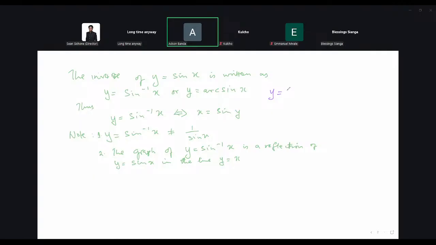Why do you want to use shift? What are you shifting? No, this is the notation we are going to use: y is the sine inverse of x, or x is equal to sine y. Oh, sorry, y is the arc sine of x, and y is the sine inverse of x. That's the standard notation that we will use. Okay, thank you. Any other clarification?